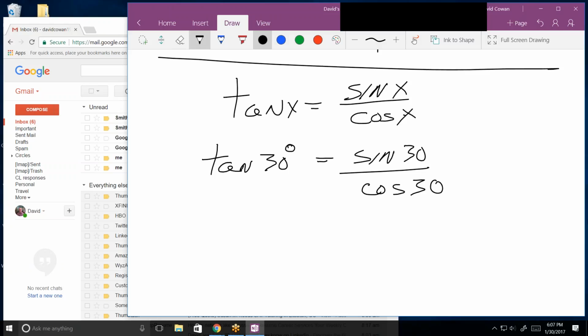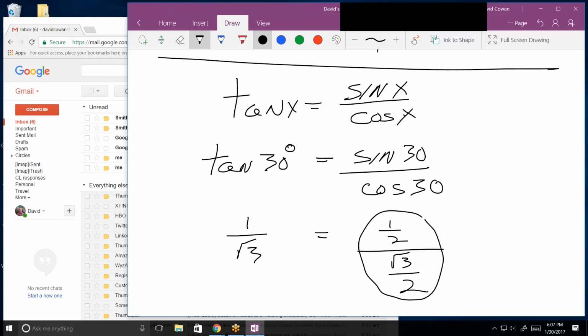Well, we know the tangent of 30 is 1 over root 3, right? Well, the sine of 30 is 1/2. Cosine of 30 is root 3 over 2. I get this answer by flipping the denominator and multiplying, and I end up with 1 over root 3. Now, clearly we could rationalize that if we need to.